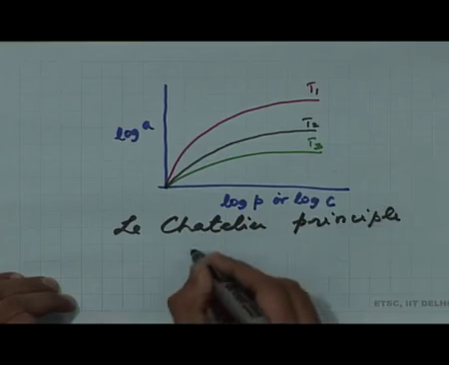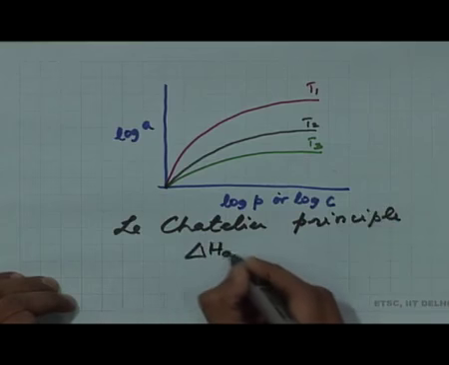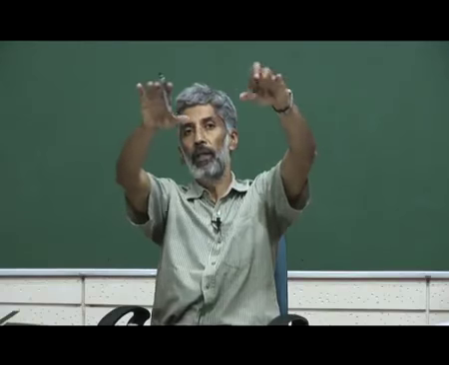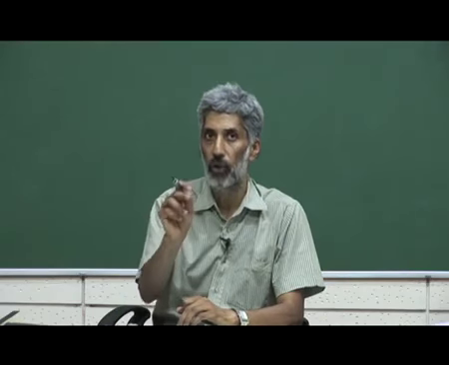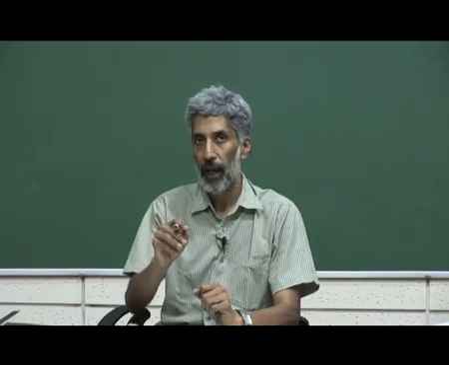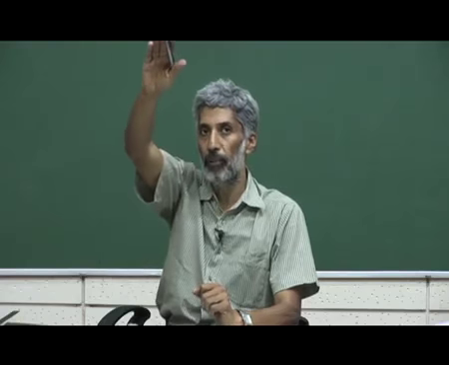Adsorption, we said, is a process in which there is some kind of bond formation between the adsorbate and the adsorbent. So, delta H of adsorption is less than 0, which means that as you increase the temperature, what do you expect to see?